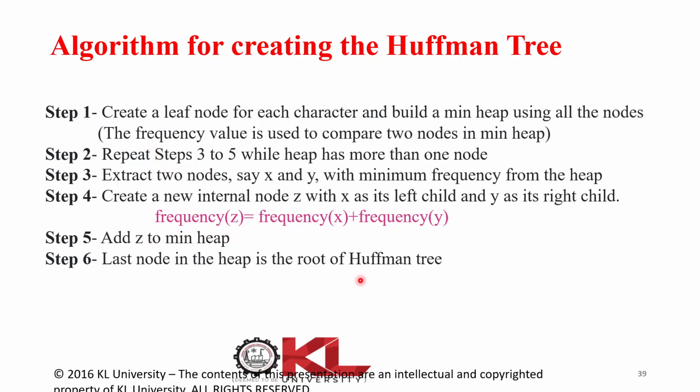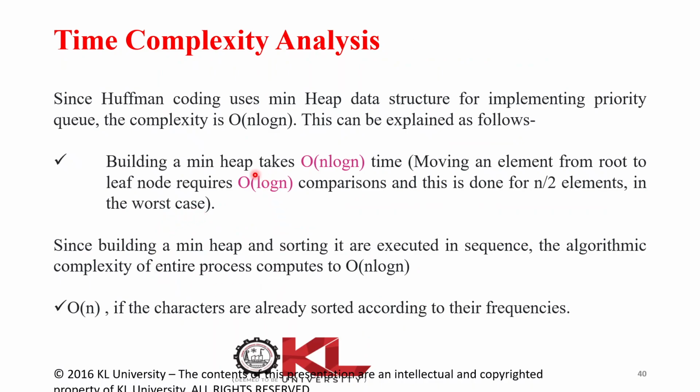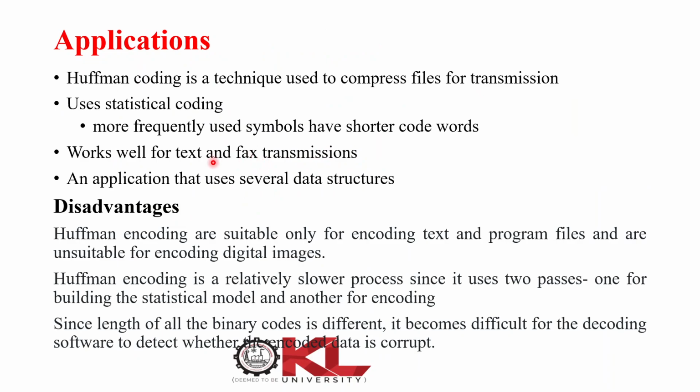Until we get the final Huffman tree, we need to add up these frequencies. The time complexity is order of n log n, and towards the left side it is order of log n.